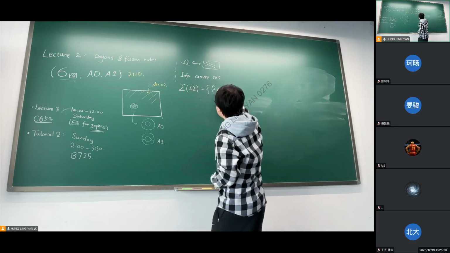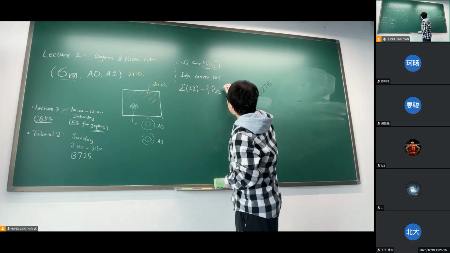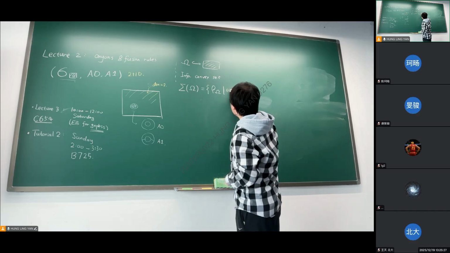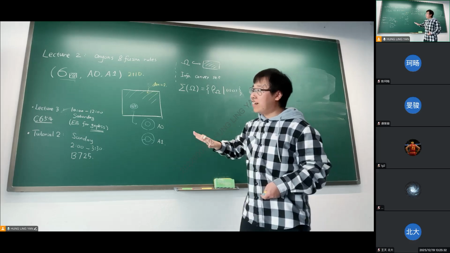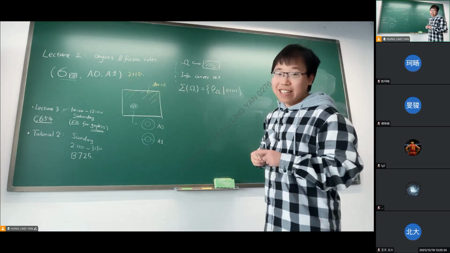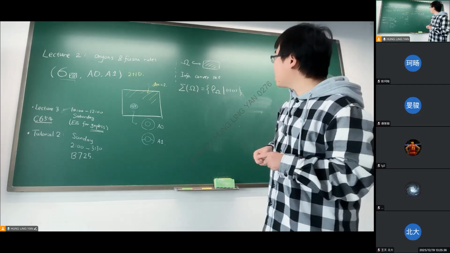It's a set of density matrices on the region omega satisfying a set of conditions. I won't write the conditions here, but they are on that screen. If you are here in person, you can see it.